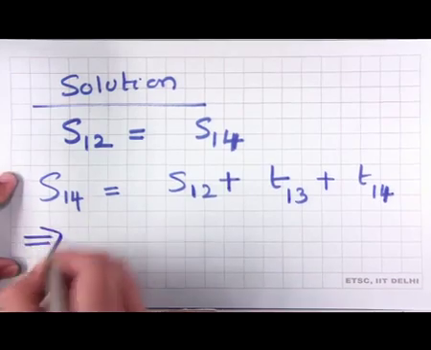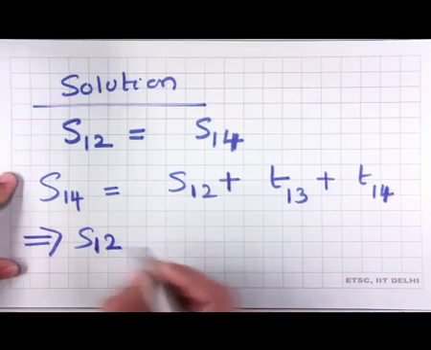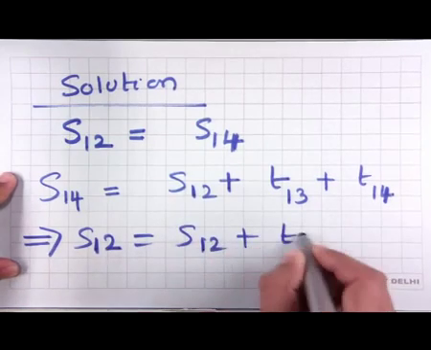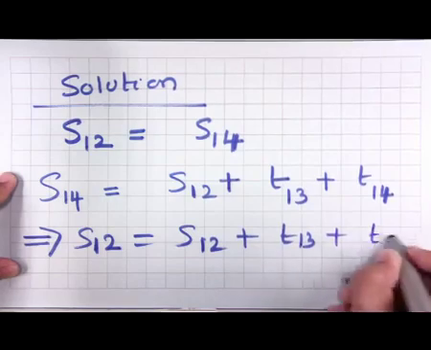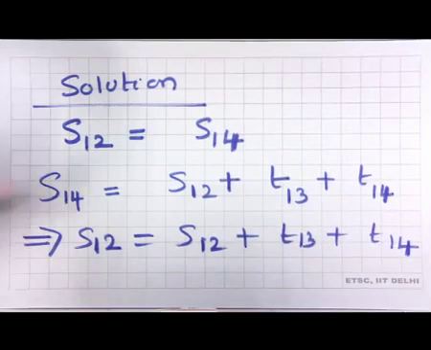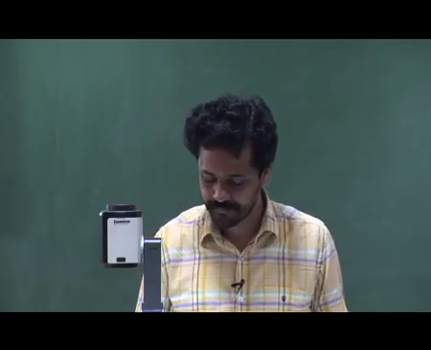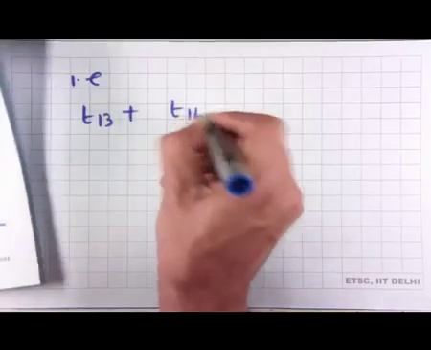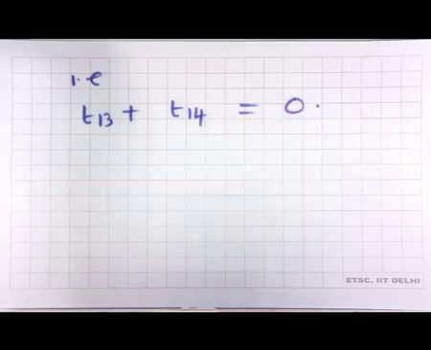That gives S12 equal to S12 plus 13th term plus 14th term. That is, 13th term plus 14th term is equal to 0.